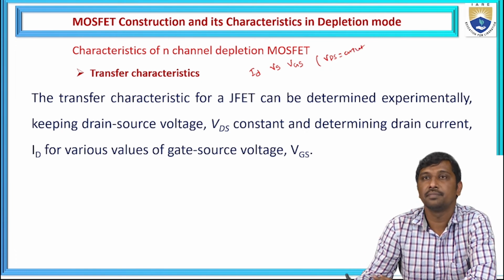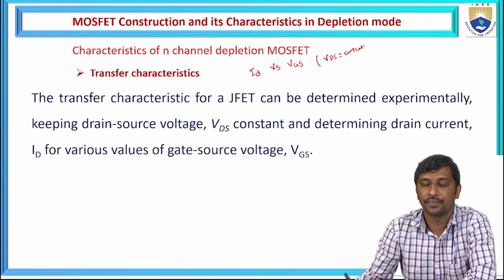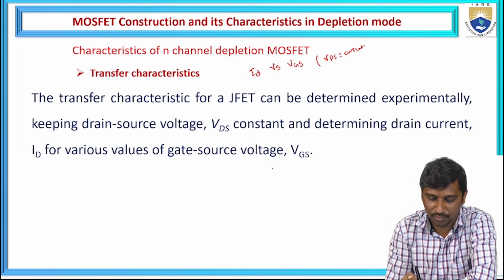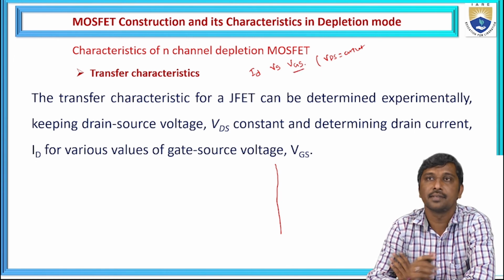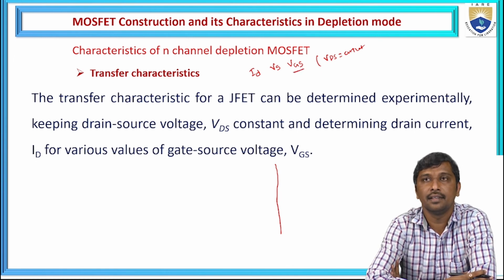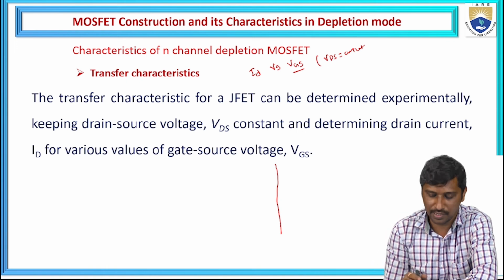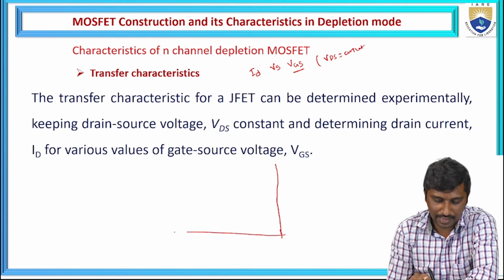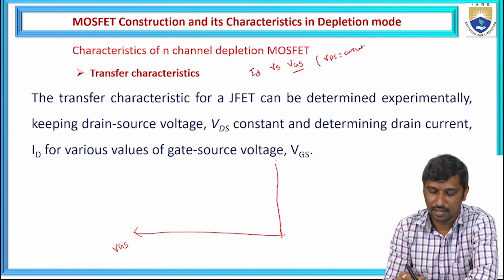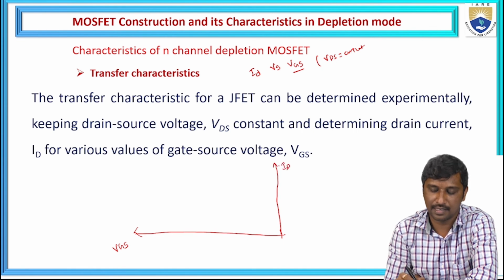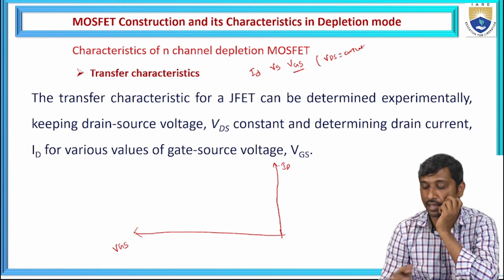If you observe the previous circuit, here again, in this N-channel depletion type MOSFET, we are applying a negative biasing voltage between the gate and the source. Hence, the x-axis I have taken as the negative quadrant, which I considered as VGS, and the y-axis I have taken as drain current, represented as ID.